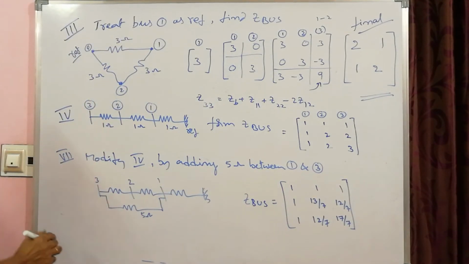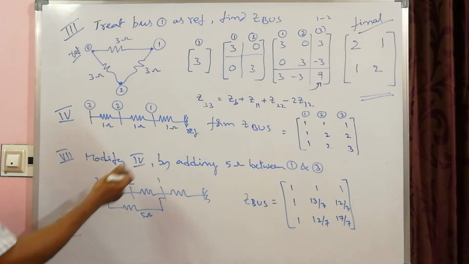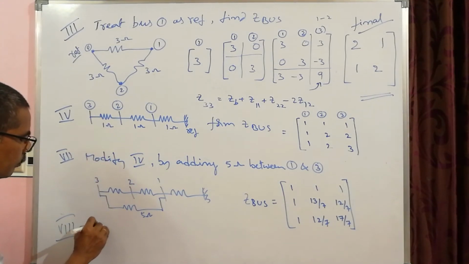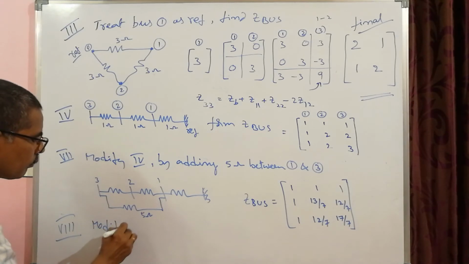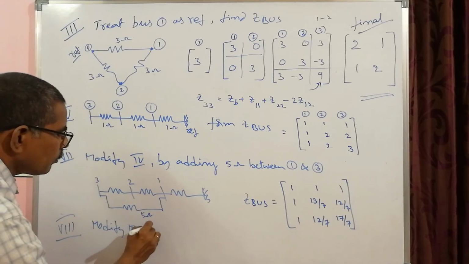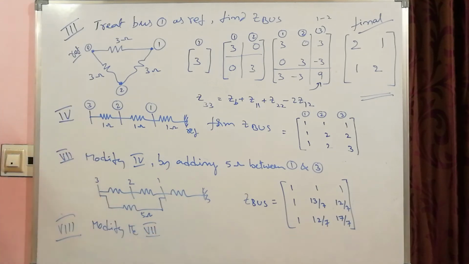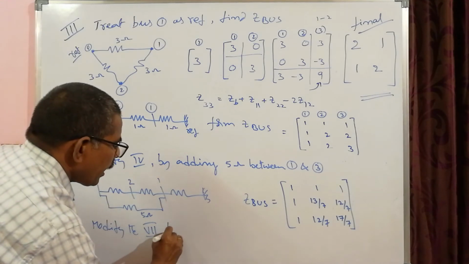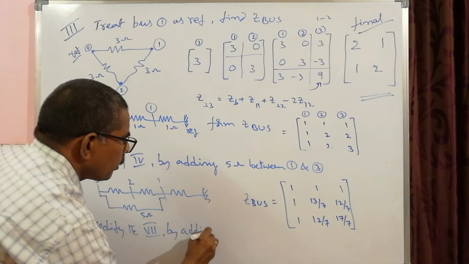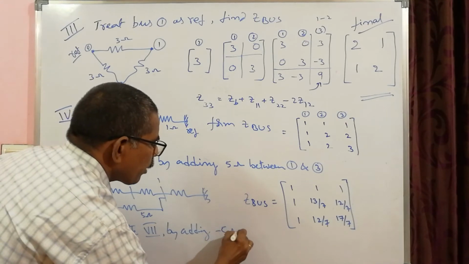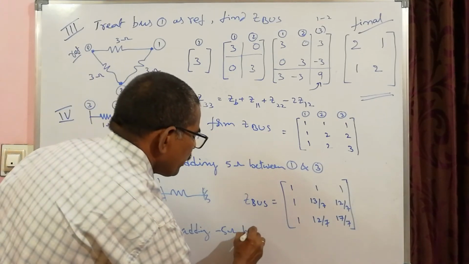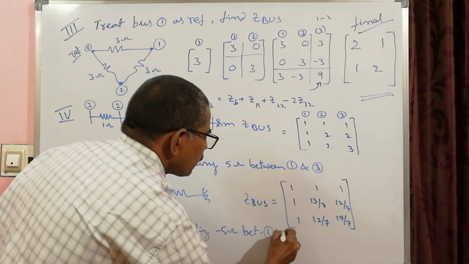Okay. Now, 8th one. Modify the 7th by adding minus 5 ohms between 1 and 3.